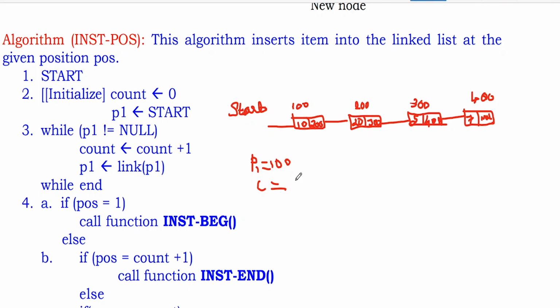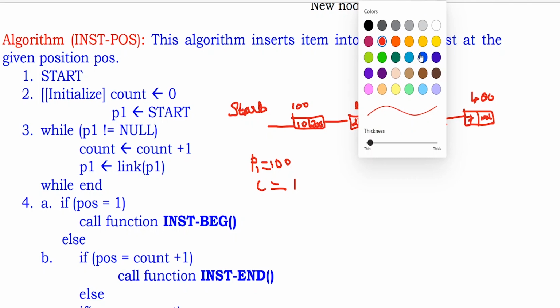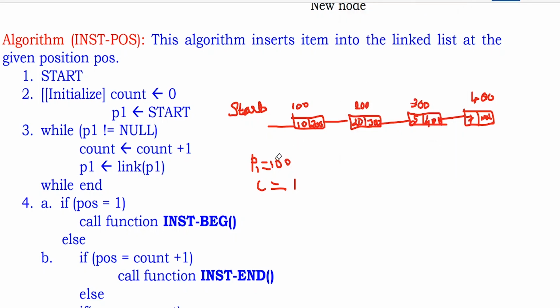And then P1 equals link of P1. The link of P1 is 200, so now 100 is replaced by 200. Repeat again. P1 is 200, not equal to null. Yes, so C is equal to C plus plus.